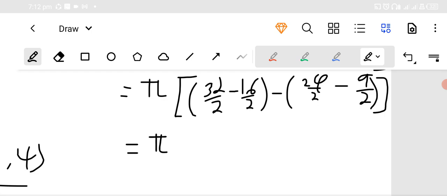It's going to be equal to pi multiplied by, here the overall result you're going to have is 16 divided by 2, then minus 24 minus 9 is 15, 15 over 2.